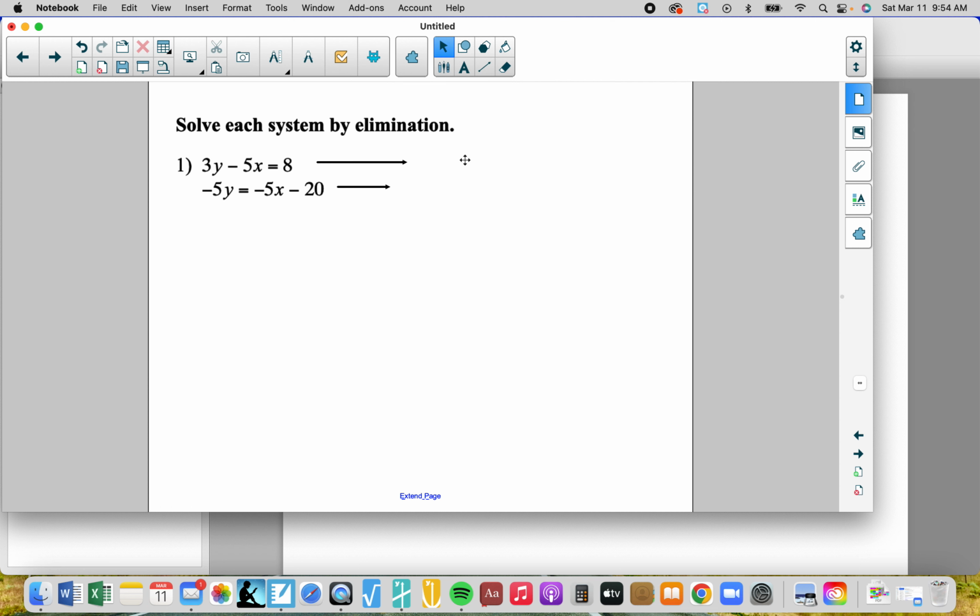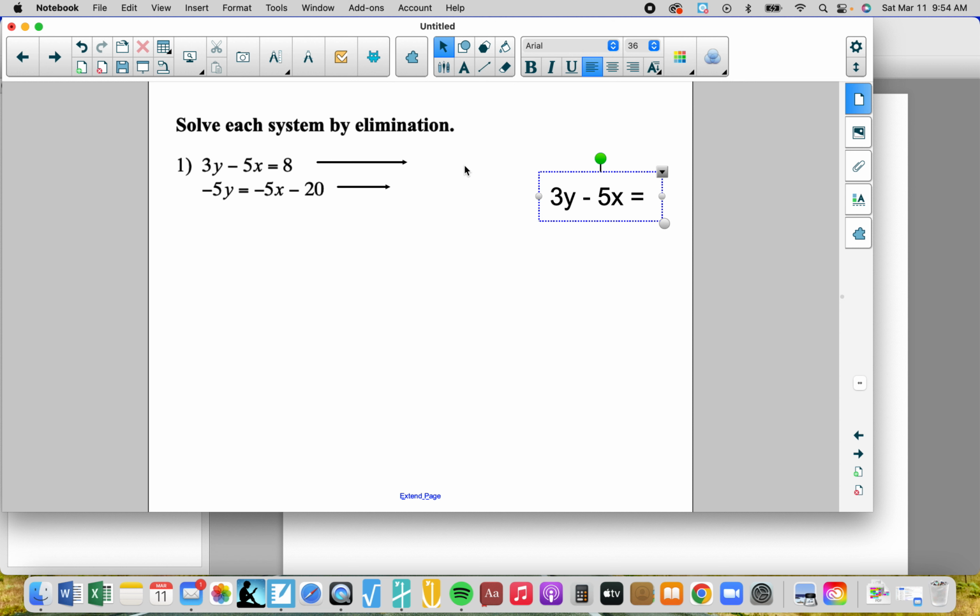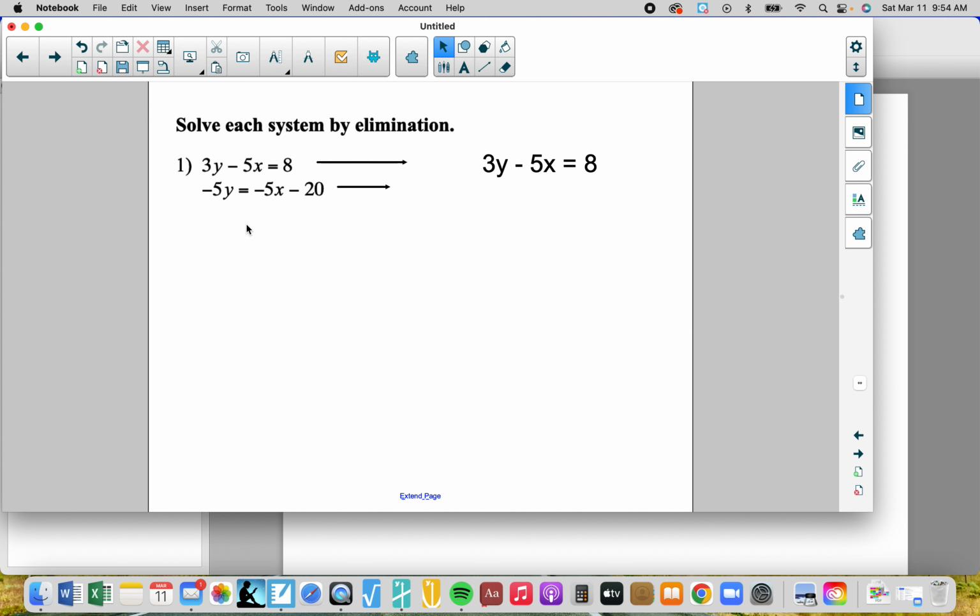It doesn't have to be x, y. It can be y minus x equals 8. That's okay. It just is the fact that our y and our x are on the same side equals our constant. So we're going to move this. We're going to add 5x to both sides because it's on the right side, and here we have it on the left side of the equal sign.